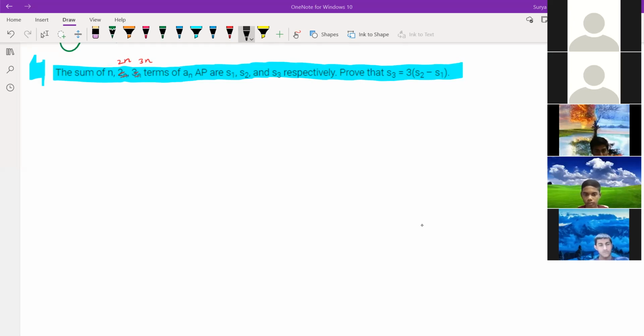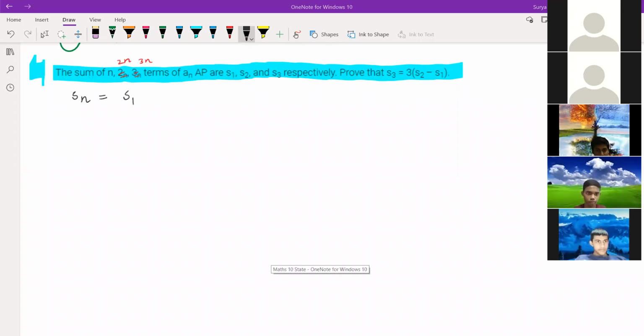Shreyas, you got this answer? No, sir, I'm not able to understand. See, if it's given n terms, sum of n terms means Sn, right? Sum of n terms of an AP.